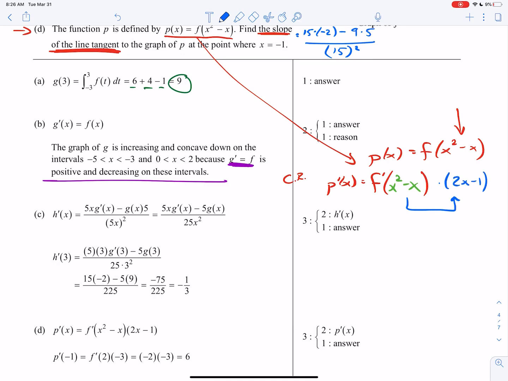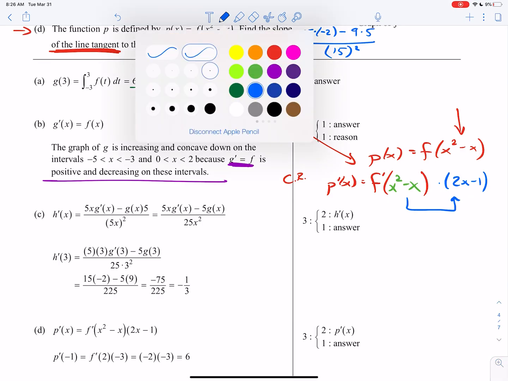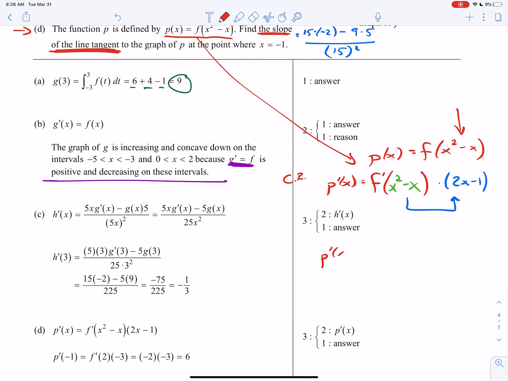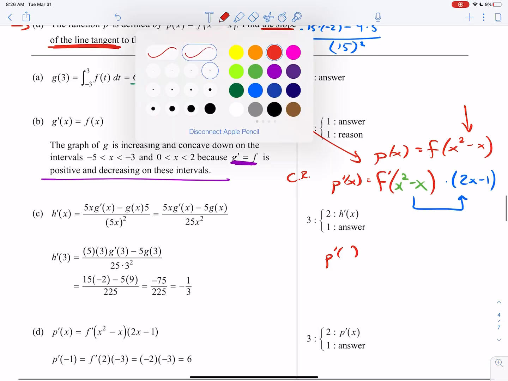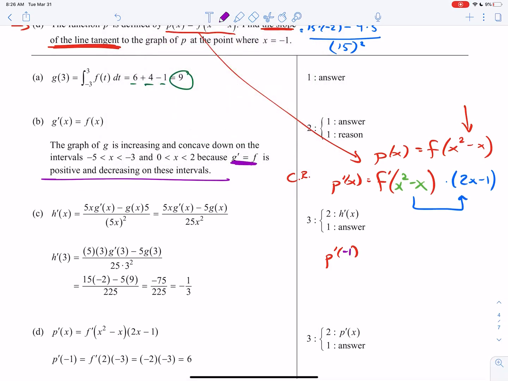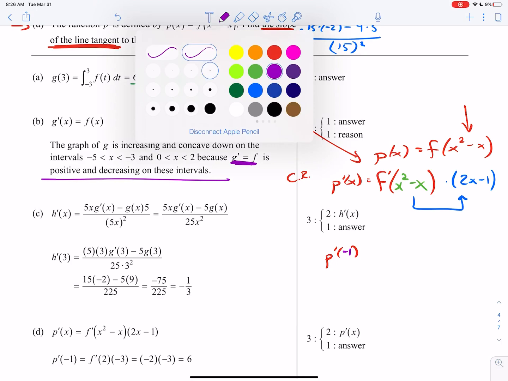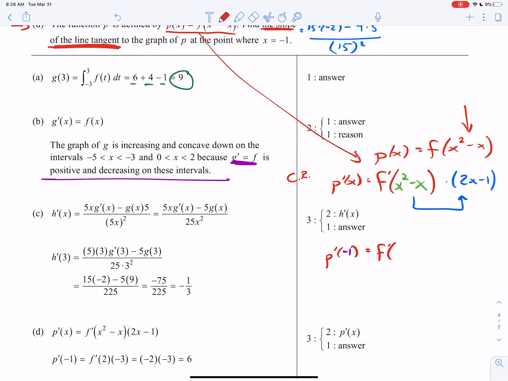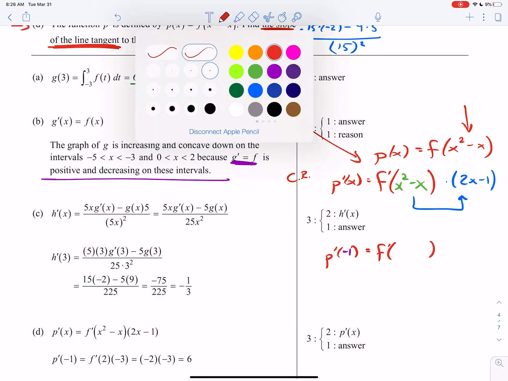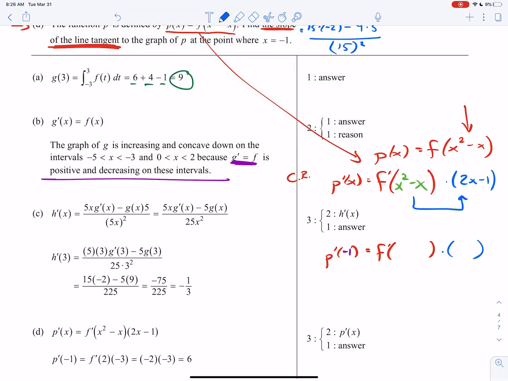Okay? So now we want to find the slope specifically at negative 1. So P prime of x will now be replaced with P prime of negative 1. Okay, so here we go. So if I plug in negative 1 into the green quantity right here, I should get 1 minus negative 1, which is 2.